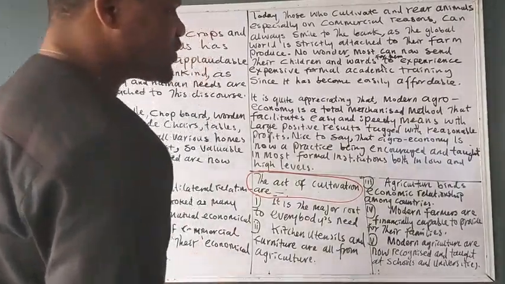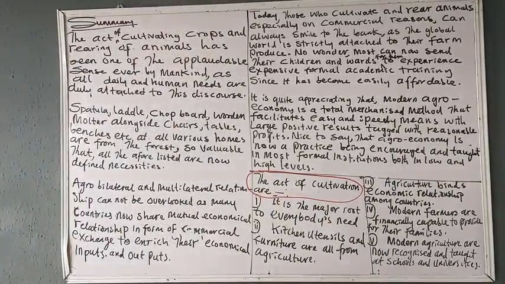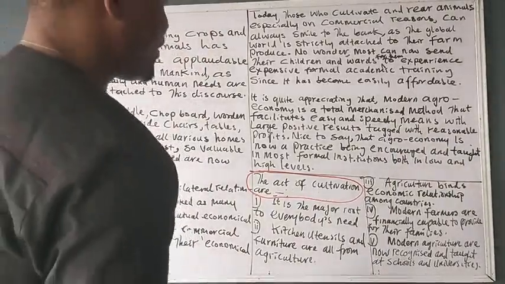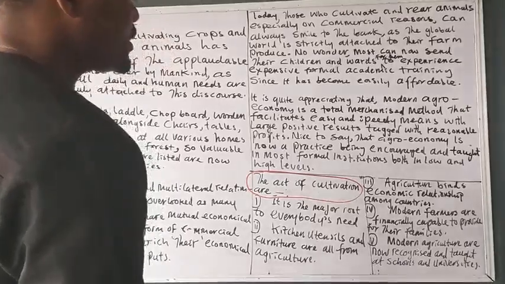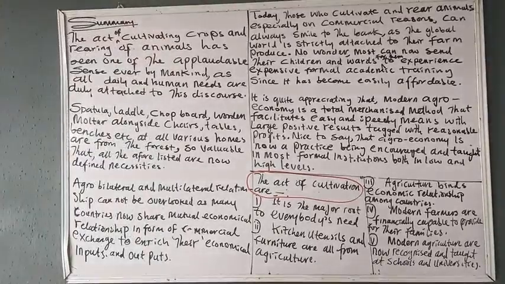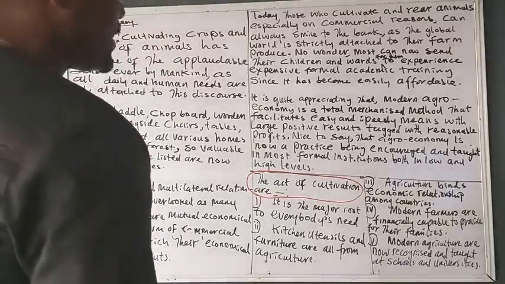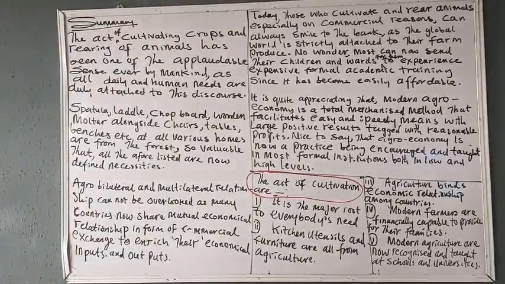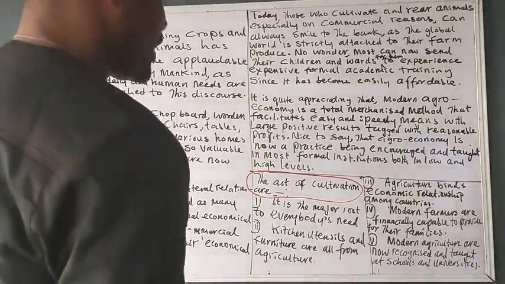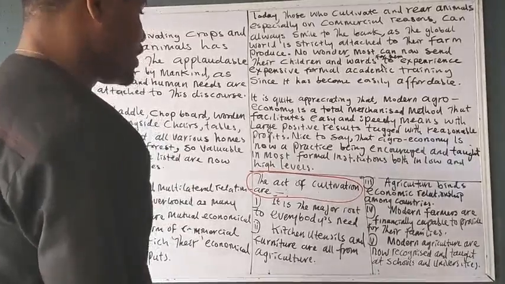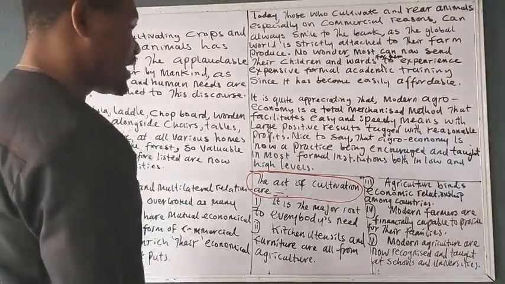So what this paragraph is talking about is that agroeconomic or agro-farming, which is more or less the modern farming, is something that is being embraced by all. At least it provides farmers with large outputs in which to bring in more profits, and it's being taught at schools these days.